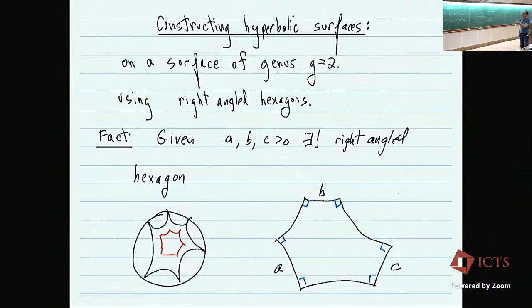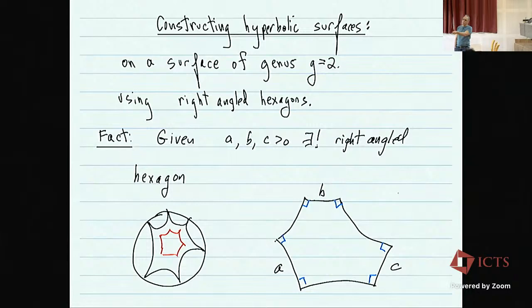So I'm going to construct a hyperbolic surface of genus 2. And we're going to use right-angled hexagons. Here's a fact. Given 3 positive numbers, there exists a unique right-angled hexagon in the hyperbolic plane.